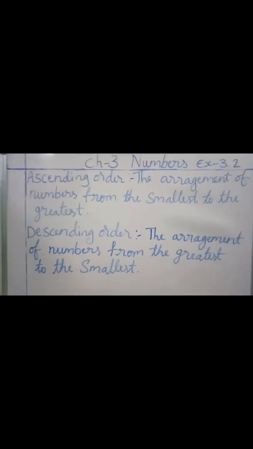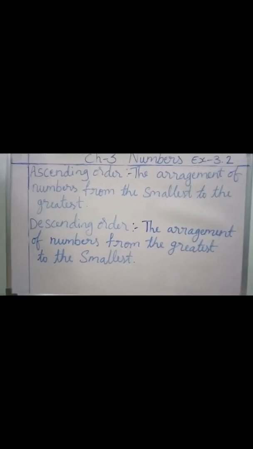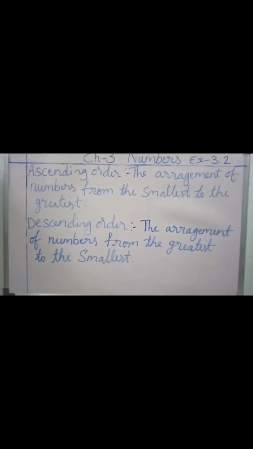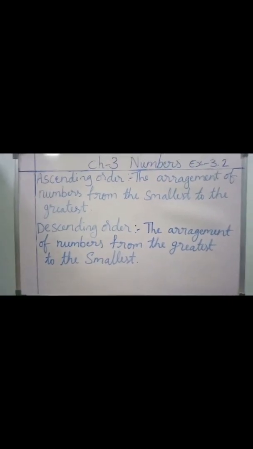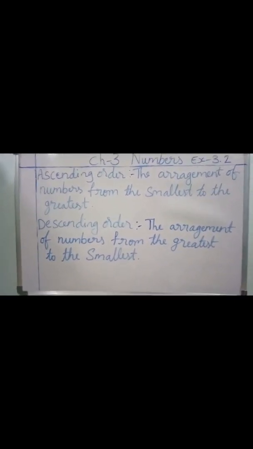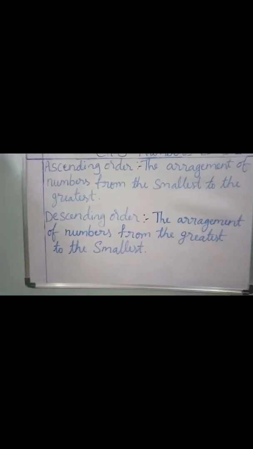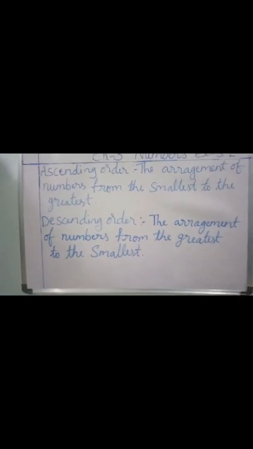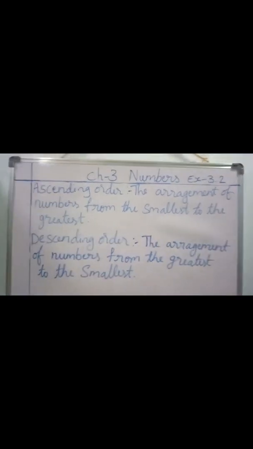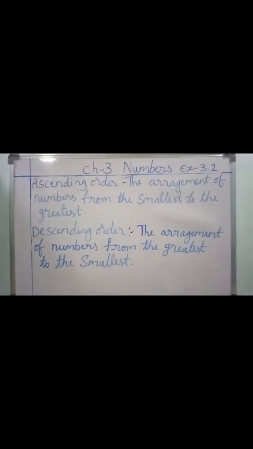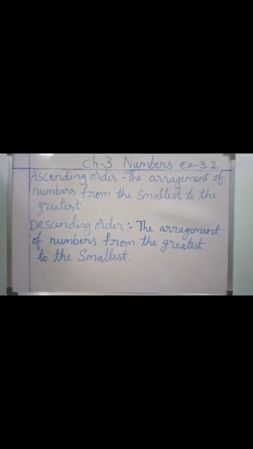Ascending order: the arrangement of numbers from the smallest to the greatest. Ascending order means what? Small to greatest. Small number to greatest number, we call ascending order. We will arrange the numbers from small to greatest. Understood, children?